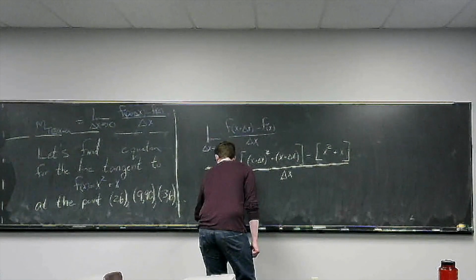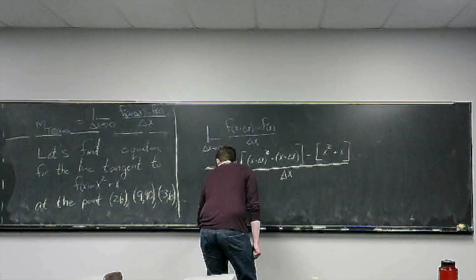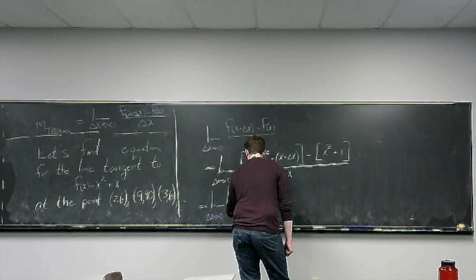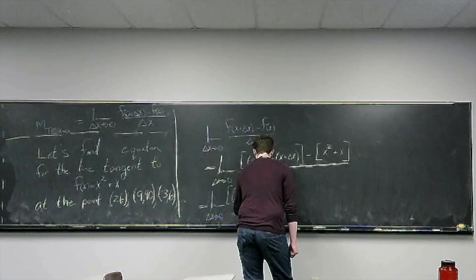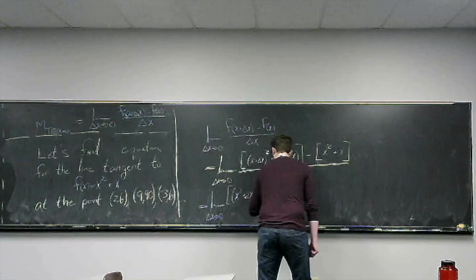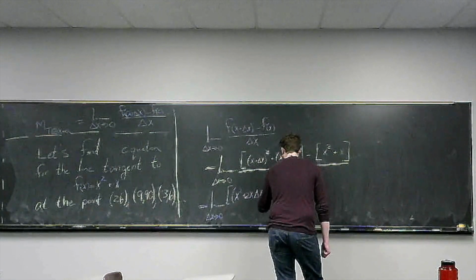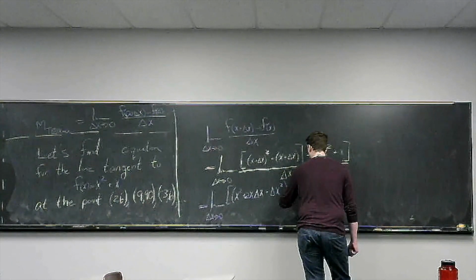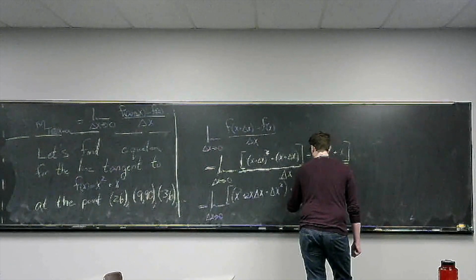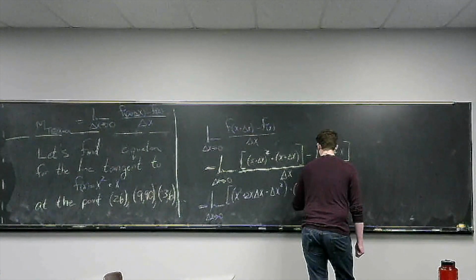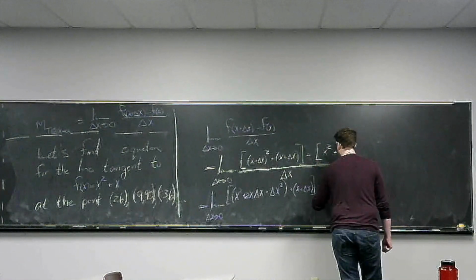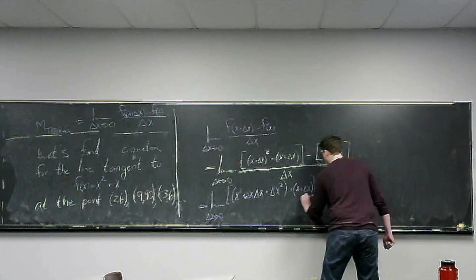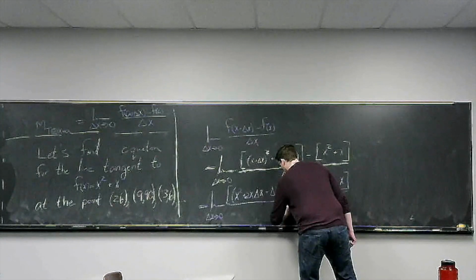We've got the limit as delta x goes to 0 of x squared plus 2x delta x plus delta x squared plus x plus delta x minus x squared plus x all divided by delta x.